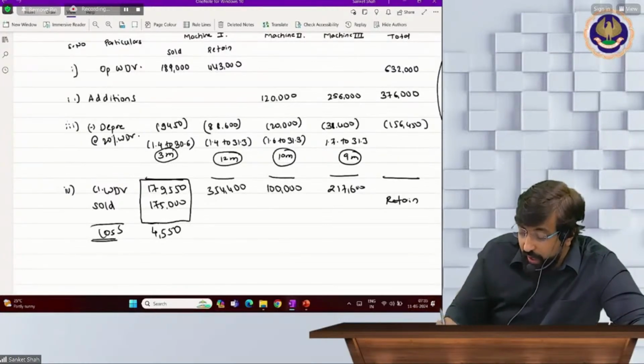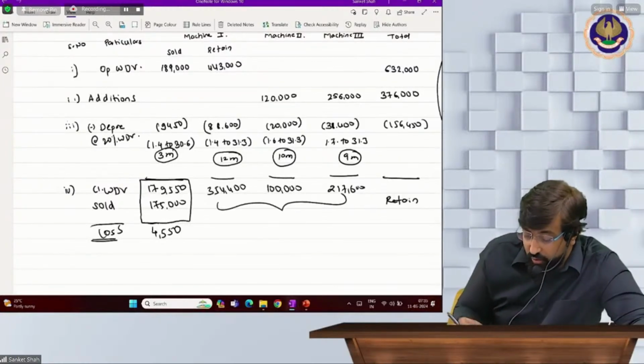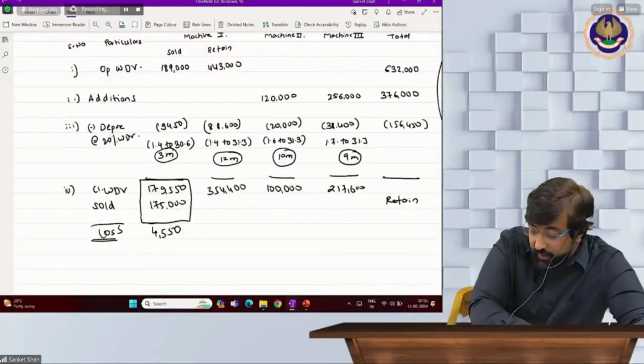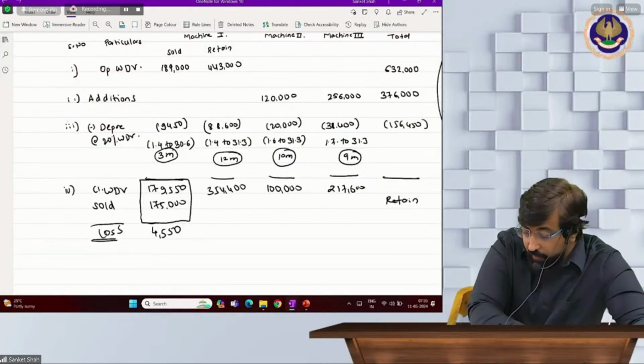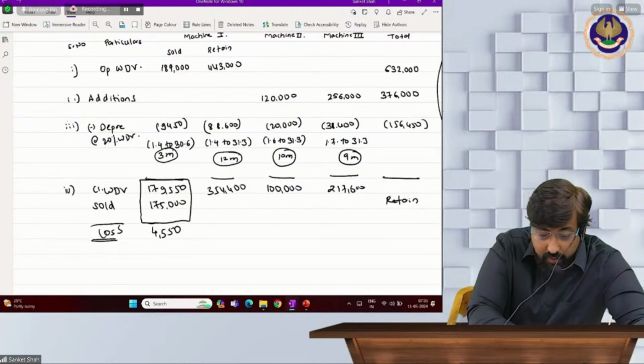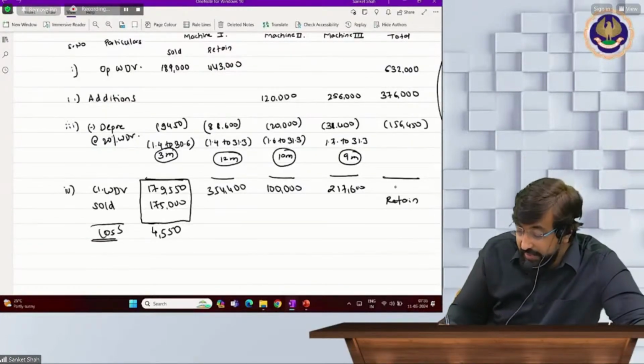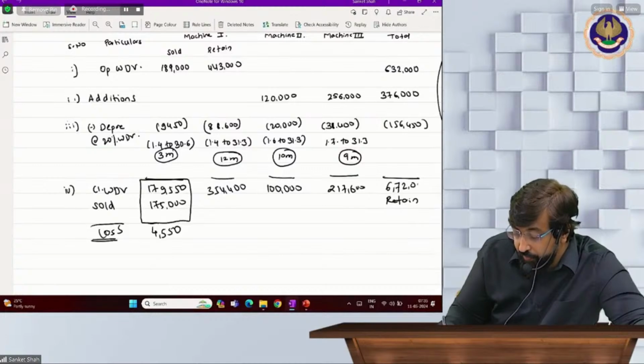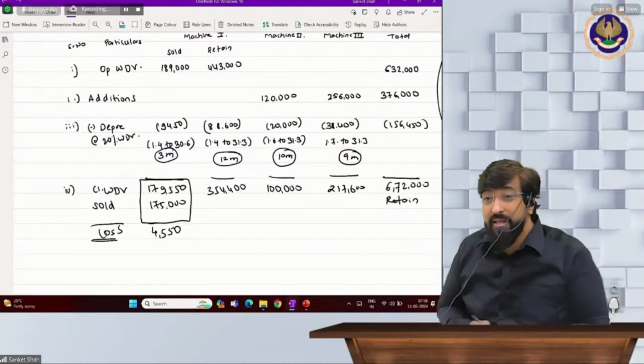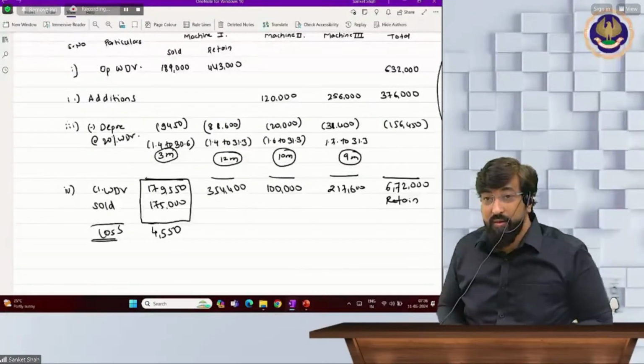It is going to tally horizontally. You will take the total of these 3: 3 lakh 54,400 plus 1 lakh plus 2 lakh 17,600, and you will get the answer 6 lakh 72,000. What is the answer you are getting? 6 lakh 72,000. Now it's easy, beta.